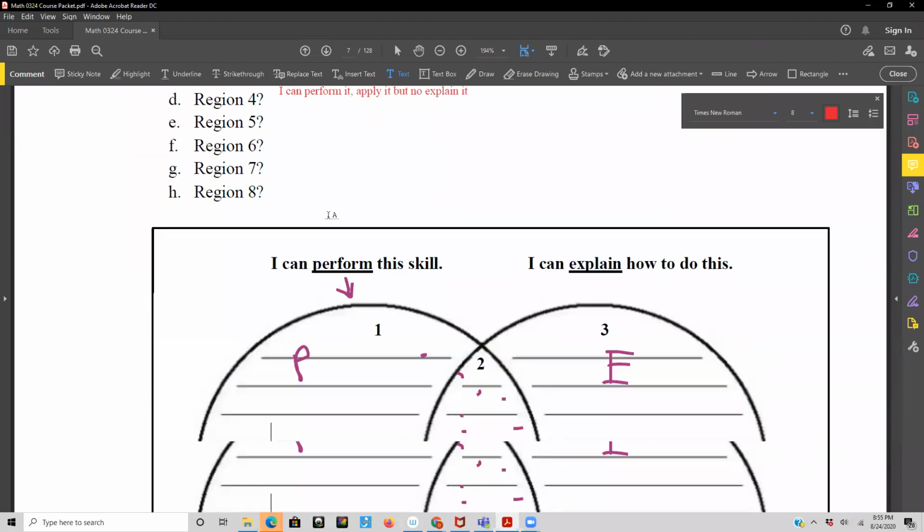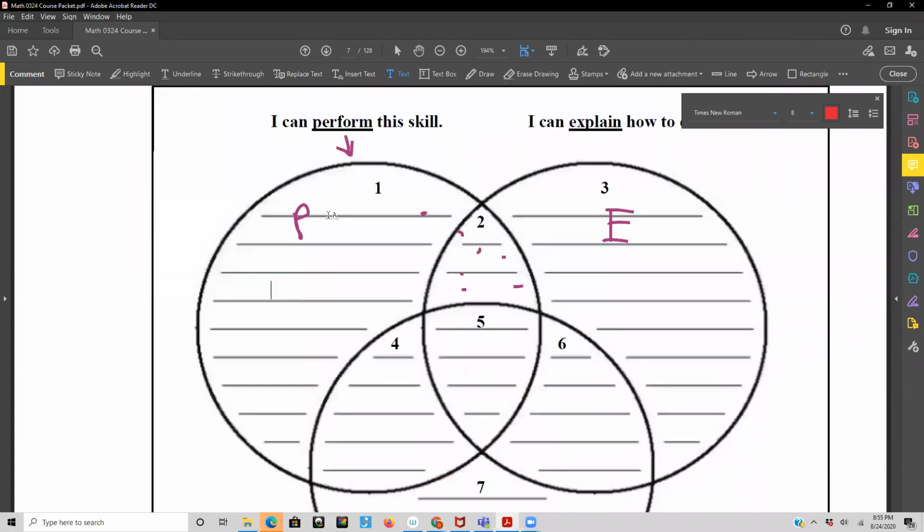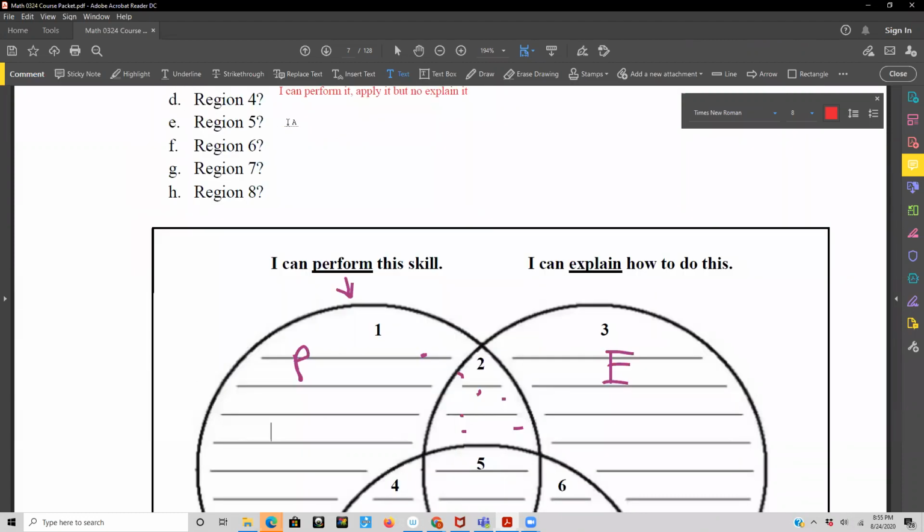Okay, that's region 4. All right, region 5. Region 5 is a good region. That's the overlap of all three circles. So what that means is all three things are true. So that means I can perform it, I can explain it, and I can apply it. So region 5 is I can perform, explain, and apply it.